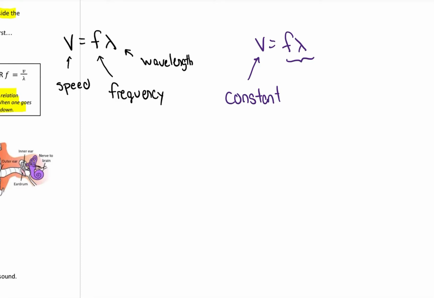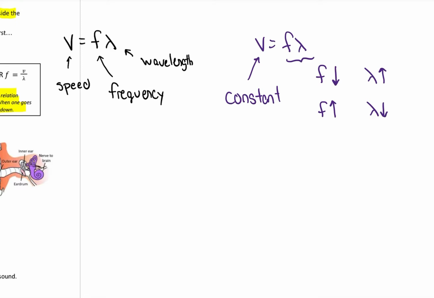If frequency were to be lower, if we drop the frequency number, then the lambda has to be bigger so that they still multiply to the same number. Or if the frequency were to get bigger, a high frequency, then the lambda would have to get smaller so they still multiply to that same number.